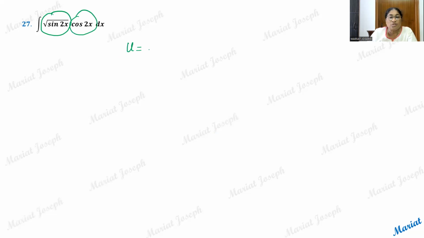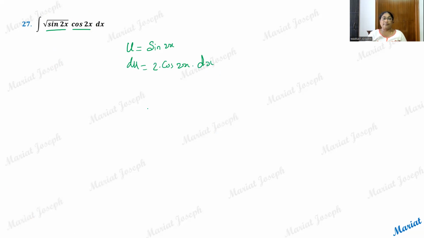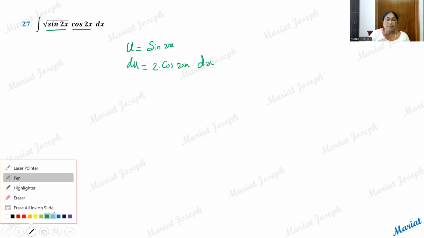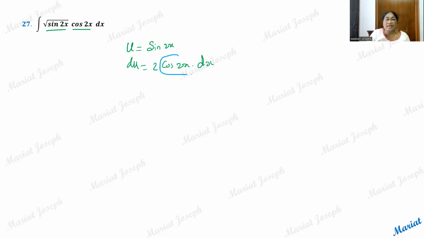Go with a substitution, only sin 2x. Don't take that root. Why shouldn't we have taken the root also in the substitution? Because du is sin 2x's derivative, cos 2x into 2 dx. Differentiated. And you can see cos 2x into dx is given in the question.